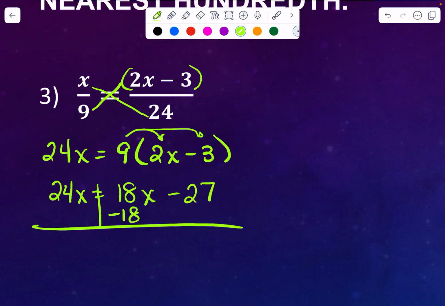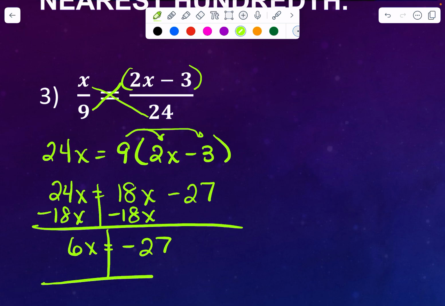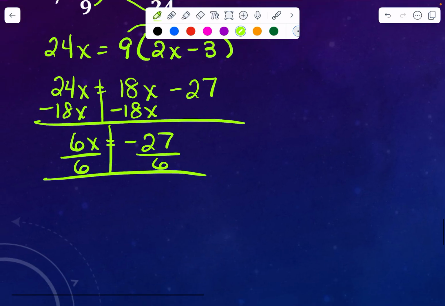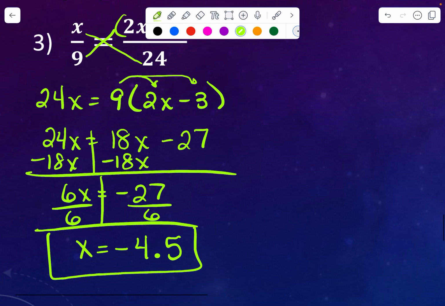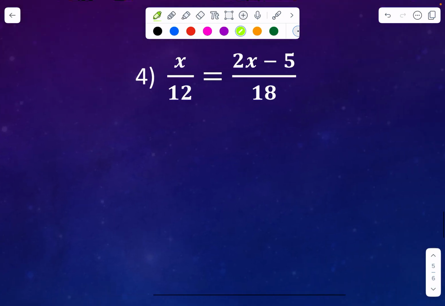Now we're going to subtract the 18x from both sides. That's going to give us 6x equals negative 27. Now we're going to divide by 6. With our calculator, negative 27 divided by 6 gets us negative 4.5. And again, if we wanted to check it, we could. We just plug the negative 4.5 in for the x's and see if they equal each other.